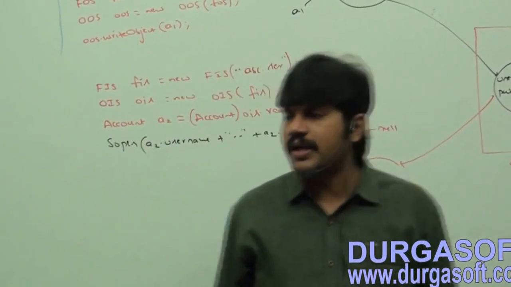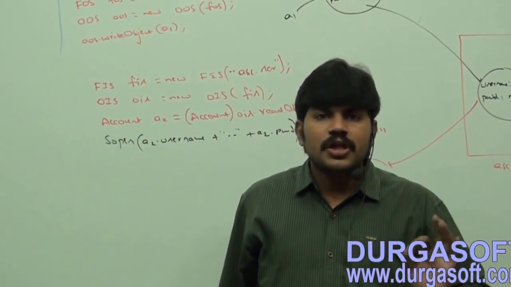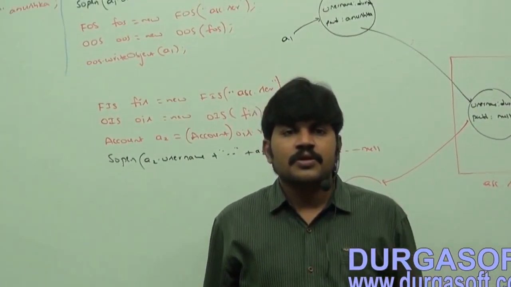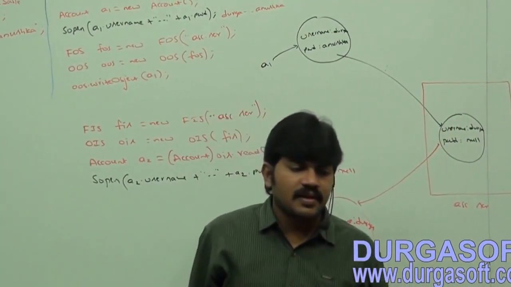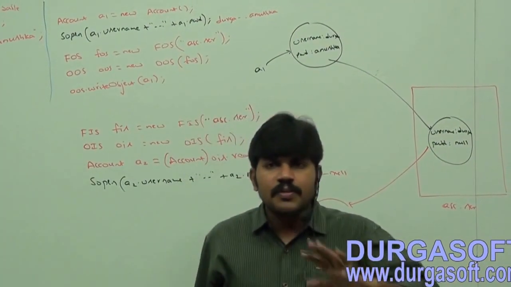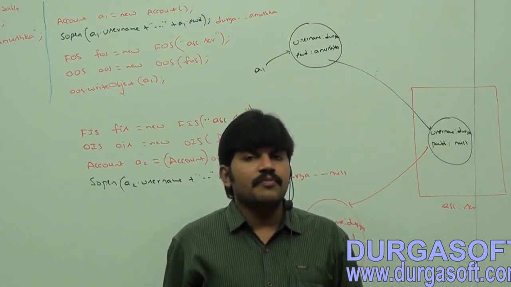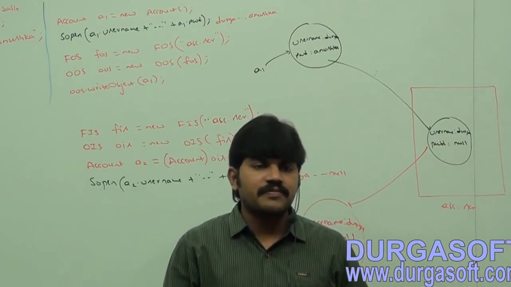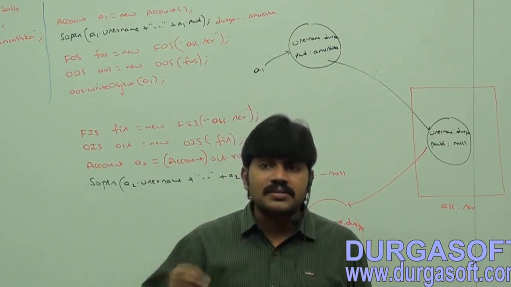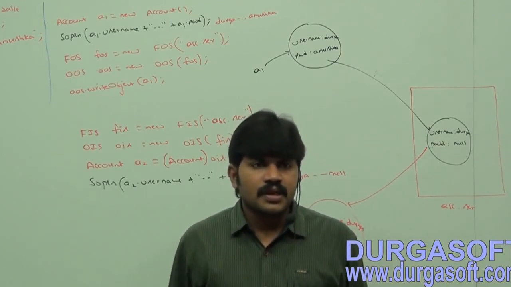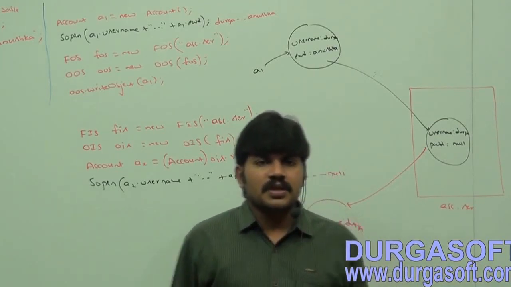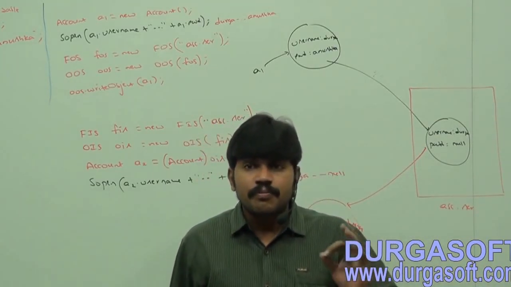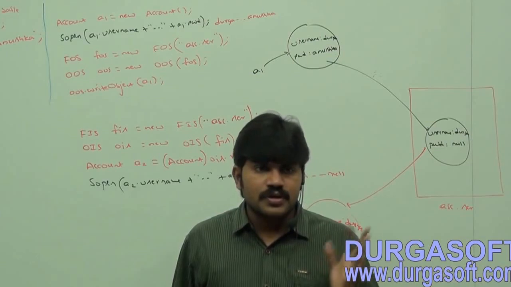During default serialization, there may be a chance of loss of information because of the transient keyword.